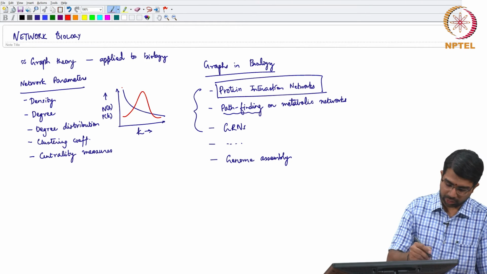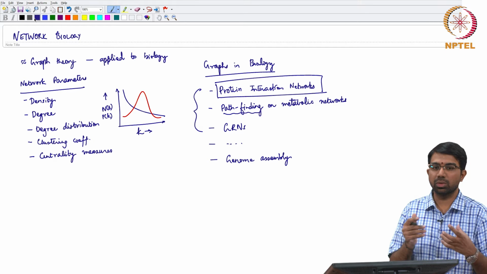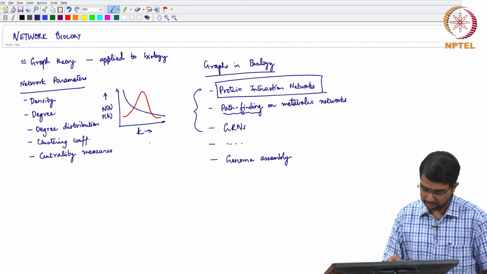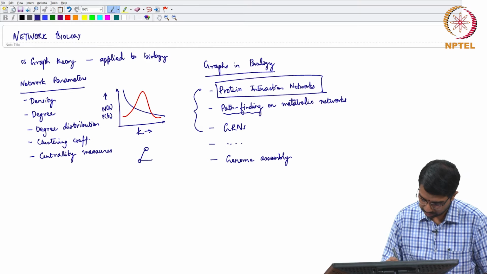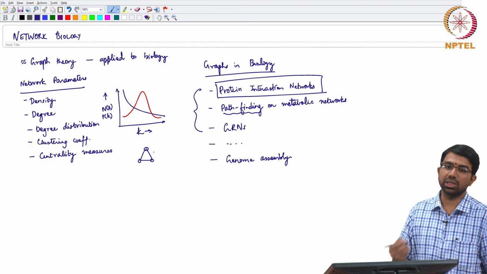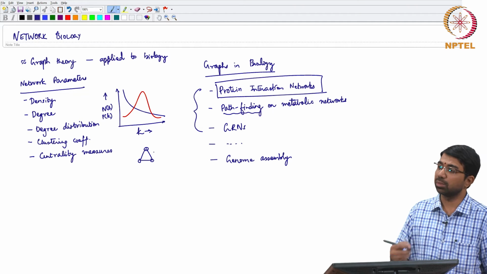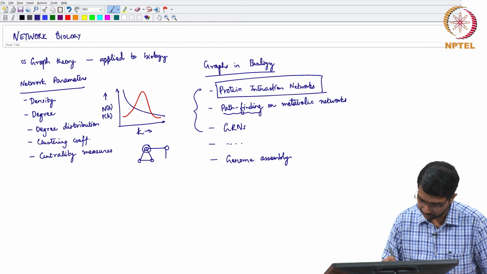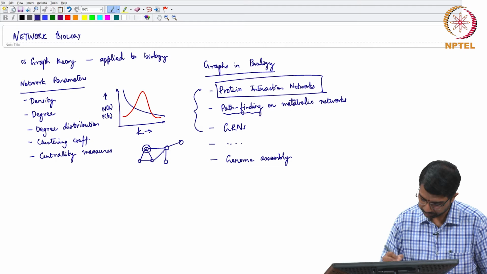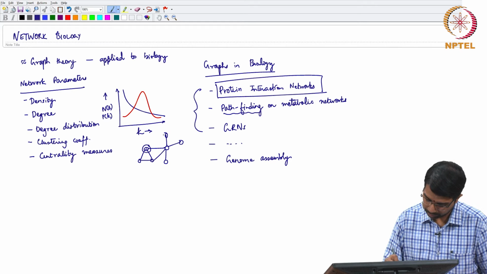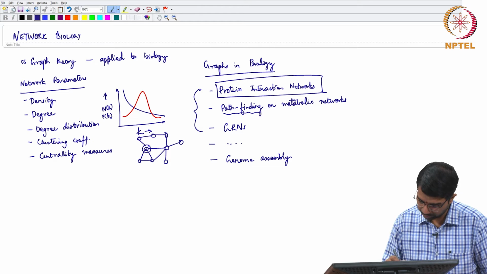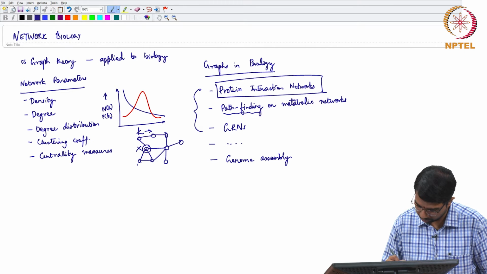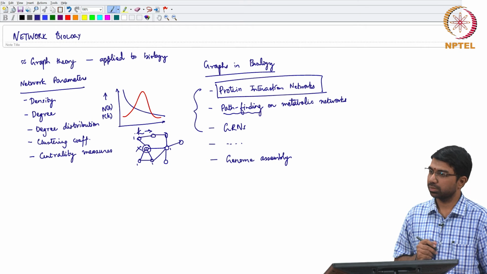What is clustering coefficient? It tries to measure how clustered the network is, and the simplest cluster is this. So, it essentially counts the number of triangles in the neighborhood of a particular node. So, if this is a node and it is part of a bigger graph, you find that this node x has 1, 2, 3, 4 neighbors.